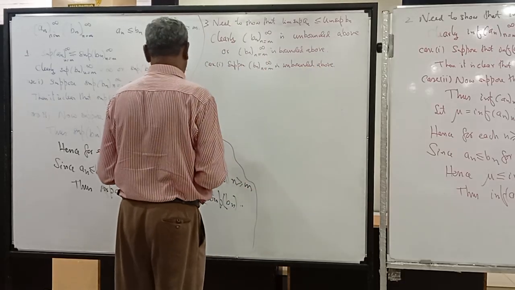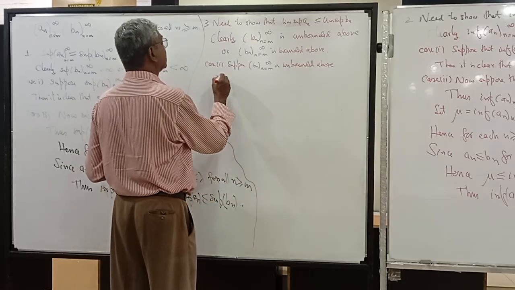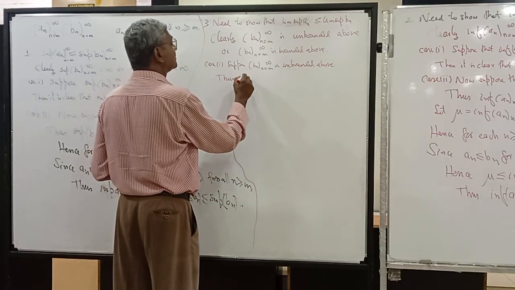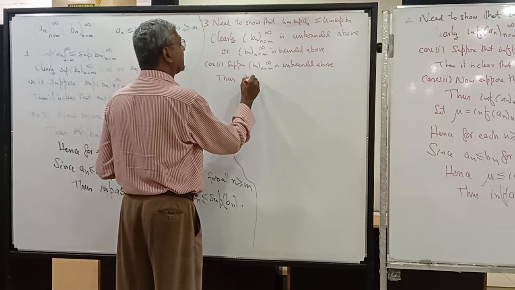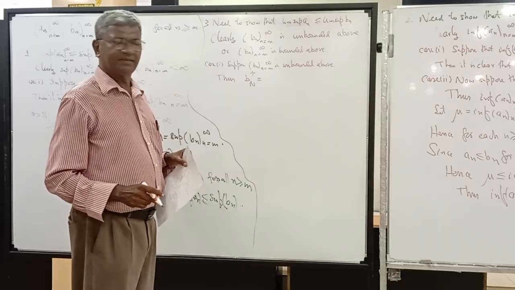Bn is unbounded above. If it is unbounded above, we can say right away, according to these notations, that Bn plus is plus infinity for any n.